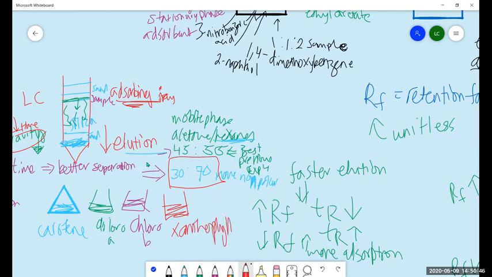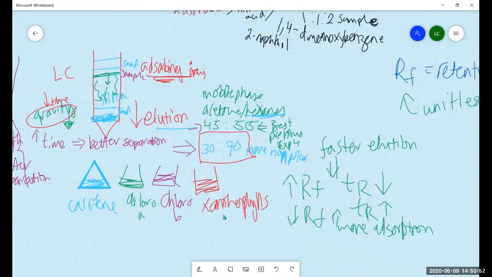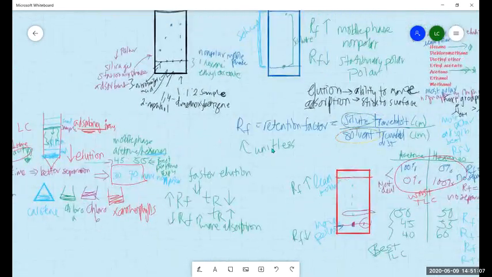And if you had trouble getting xanthophylls out because they absorbed too much to the silica, you might have put some pressure with a rubber bulb and pushed it through at the end. Okay. Also, remember you used a TLC spotter and acetone to dissolve components and then spotted them.